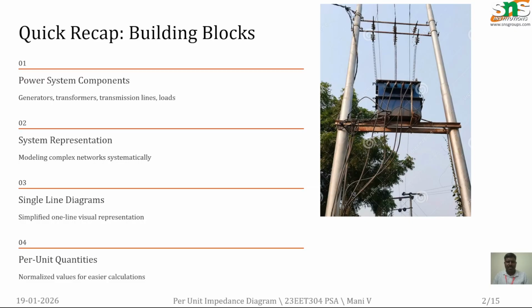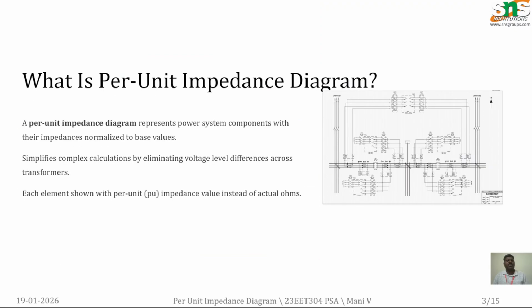It can be represented by using symbols, and in order to determine the per unit quantities, we are able to normalize all the different values with reference to the base value.